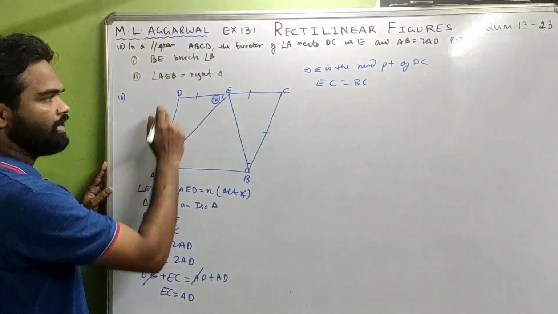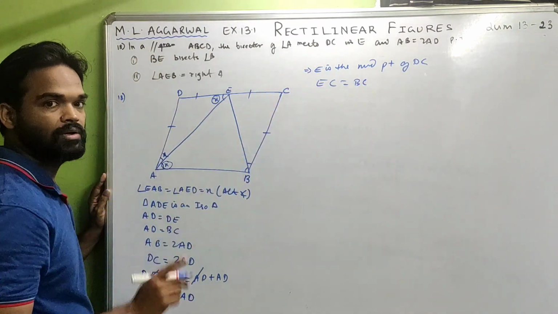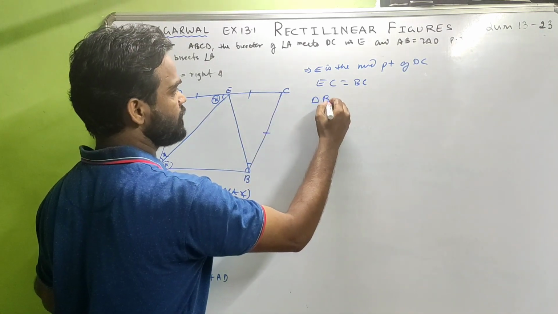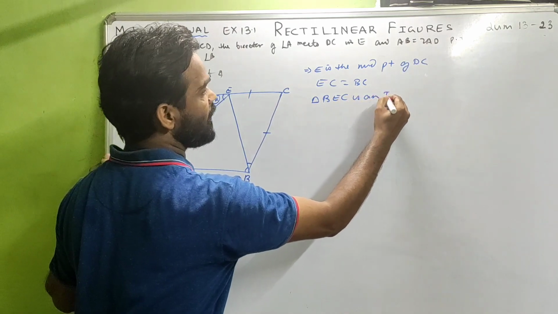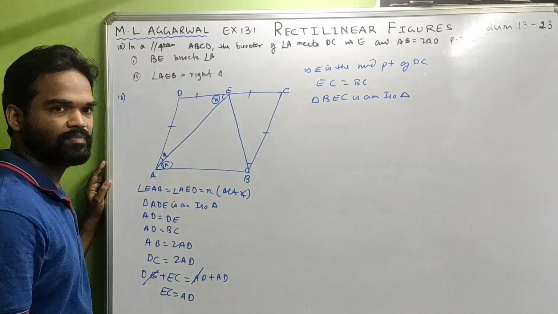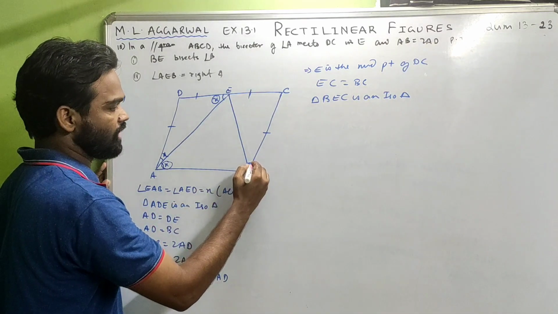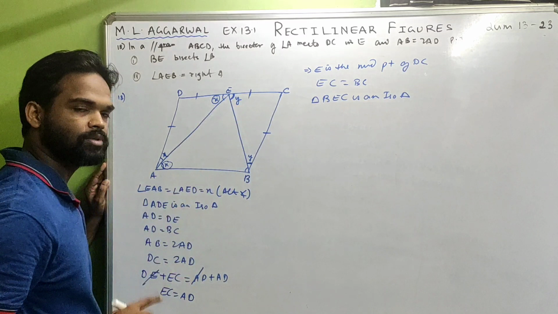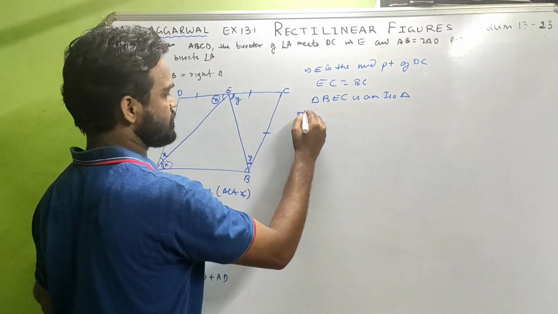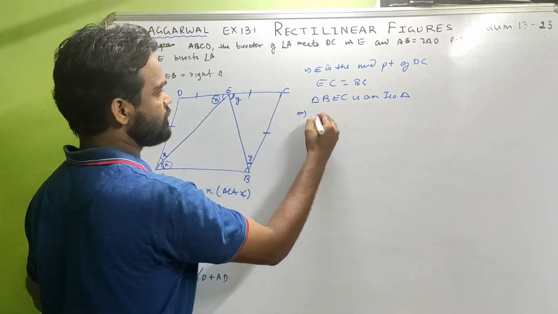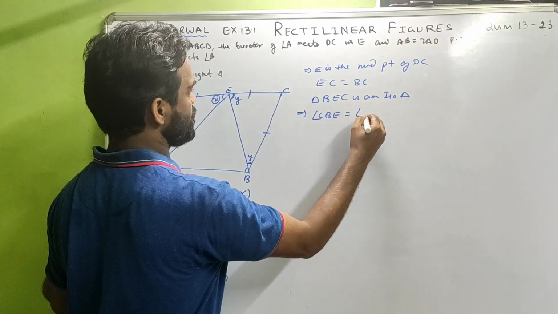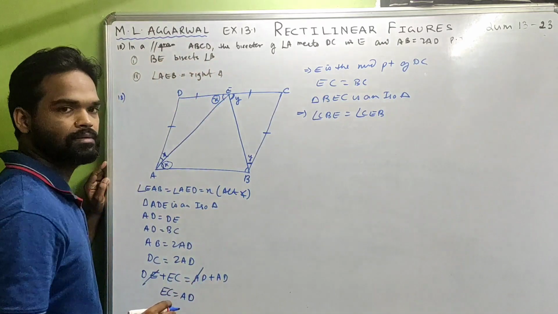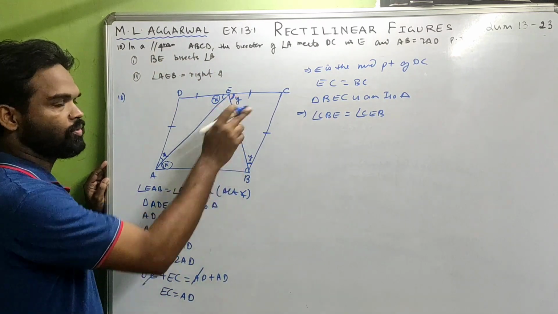And EC is also equal to BC. Why? Because EC and AD are equal, and AD and BC are equal, which means triangle BEC is an isosceles triangle. Opposite to this you have this angle, suppose this is Y, and opposite to this you have this angle. So they both will be equal, which means angle CBE will be equal to CEB. Angles opposite to equal sides are equal.